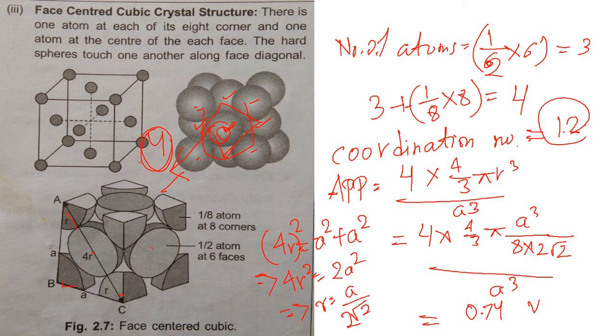Then the void equals 1 minus 0.74, which is 0.26. That means 26% is empty space, and 74% is filled with atoms.